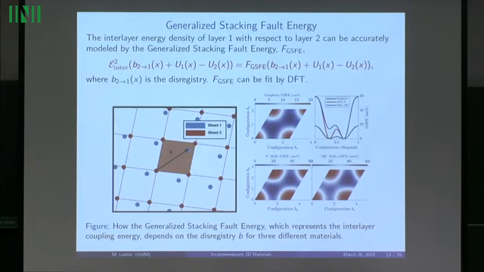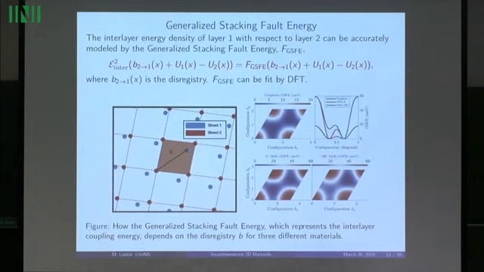There's also an interfacial energy of layer 1 with respect to layer 2, right? And that's just depending on the relative orientation of one layer with respect to another, which is given by the disregistry.